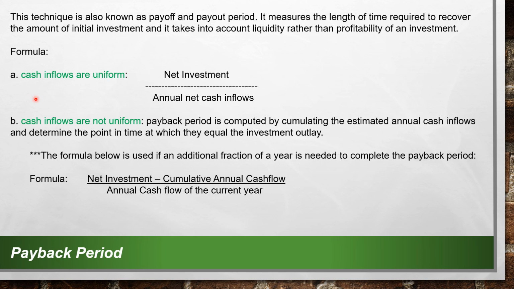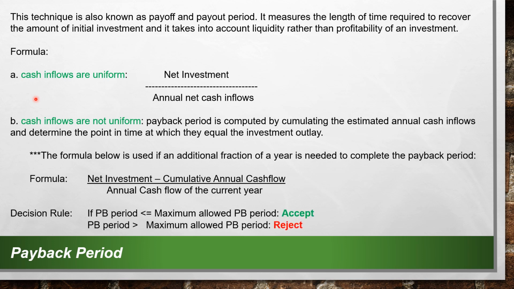If an additional fraction of a year is needed, the formula would be the net investment less the cumulative annual cash flow divided by the annual cash flow for the current year, where the fraction will be computed.